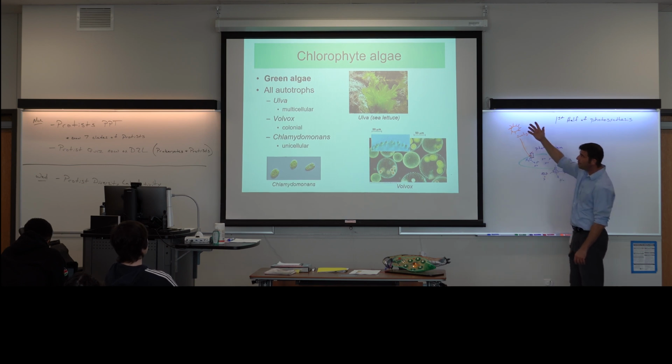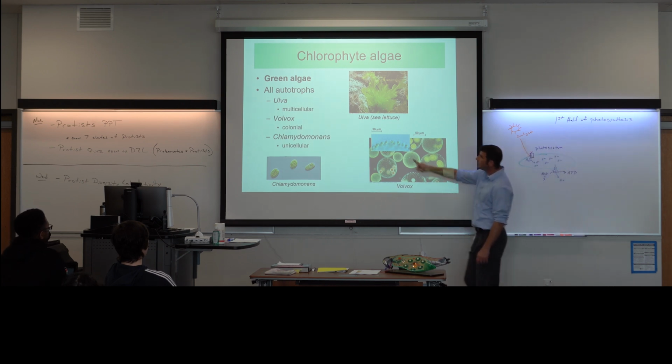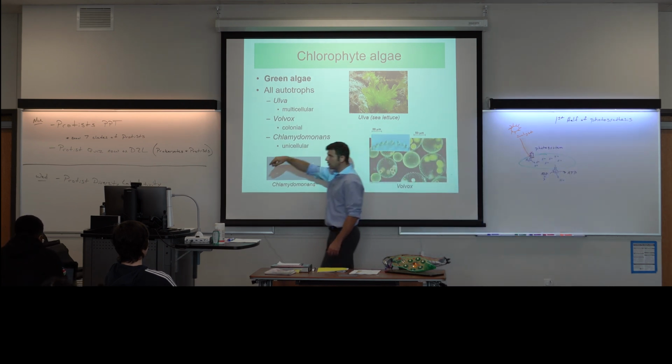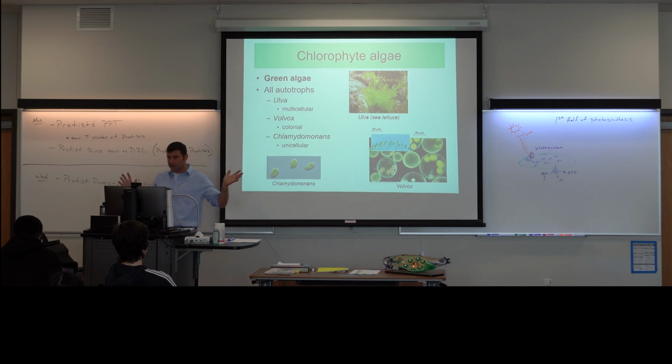And then up at top, the sea lettuce there is multicellular. Some of those cells are anchoring to the substrate. Other cells are broad and blade-like that are doing the photosynthesis. So in lab on Wednesday, we'll see our sea lettuce, we'll see Volvox, and we'll see Chlamydomonas, this unicellular green algae.